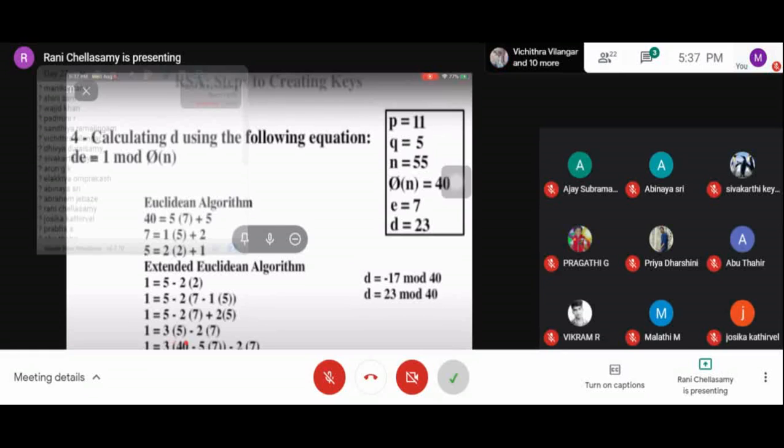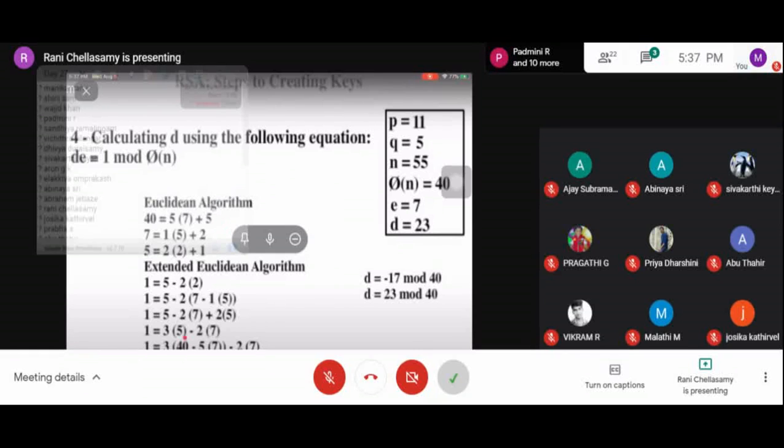At this step, you go on substituting the value of 5. So 3 of 5, instead of 5, you can go here to the first step. From the first equation, you get the value of 5 equals 40 minus 5 of 7. So that 5 value should be replaced in this position.